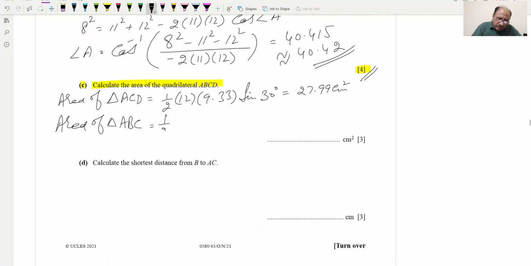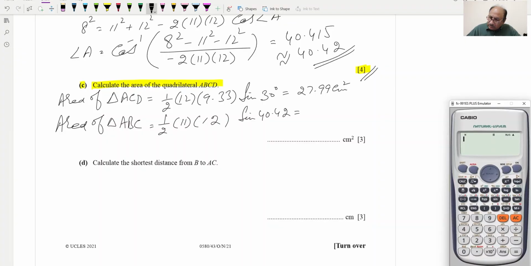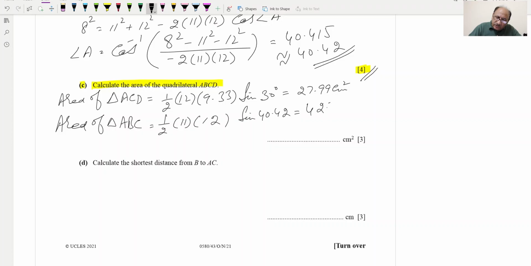So this will be 1 by 2 into 11 into 12 into sine of 40.42, that is 0.5 into 11 into 12 into sine of 40.42, and this is giving us 42.79 centimeters squared.